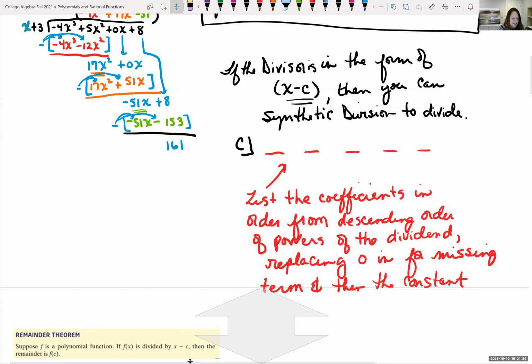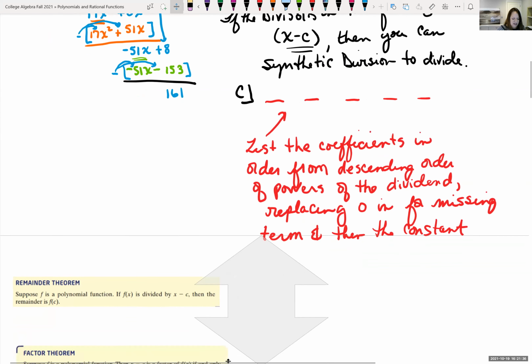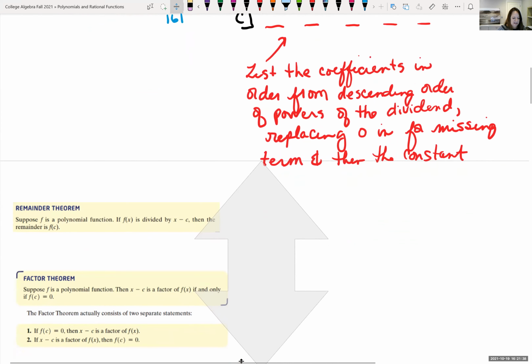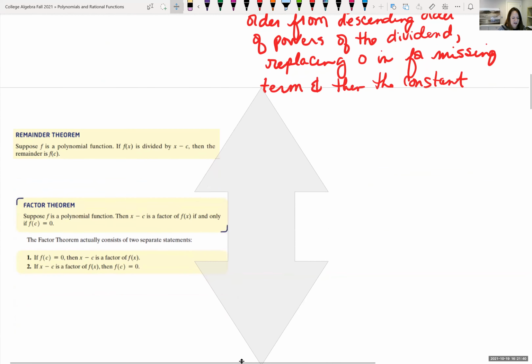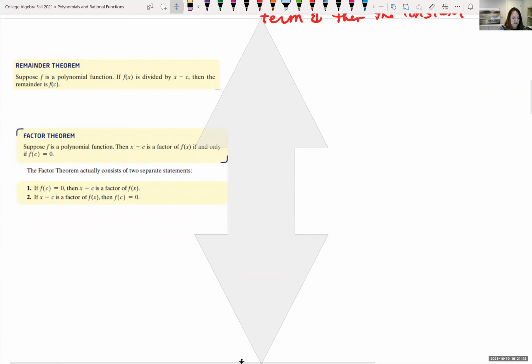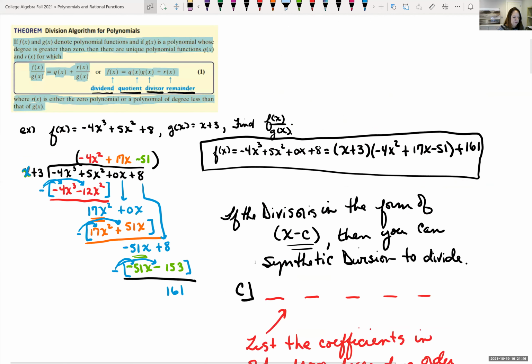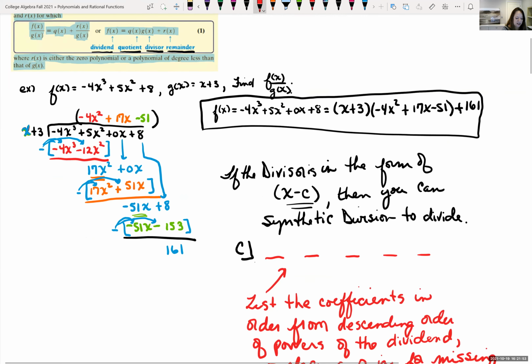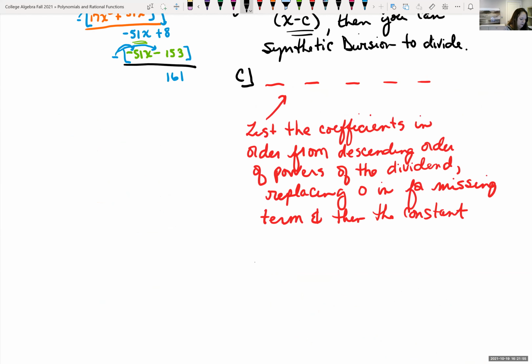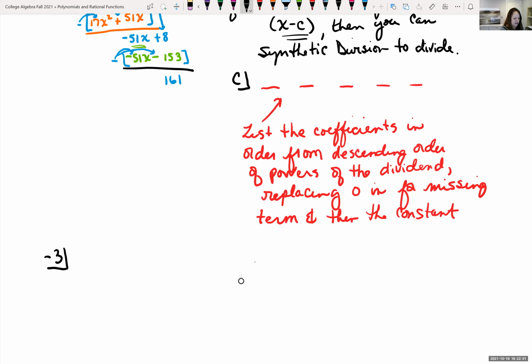So let's go back to that same example, and I'm going to show you how to use synthetic division with that long division that we just did, instead of using long division. And so we're dividing by x plus 3. So it's the opposite sign. So I'm going to use -3. We're going to write the coefficients.